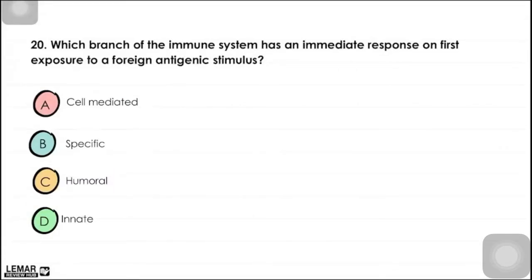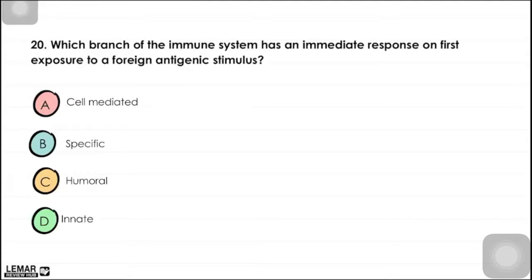Which branch of the immune system has an immediate response on first exposure to a foreign antigenic stimulus?